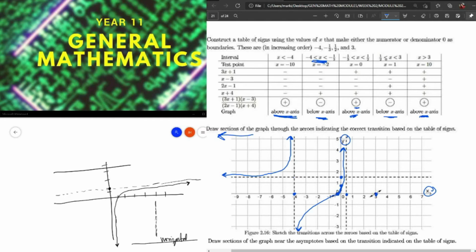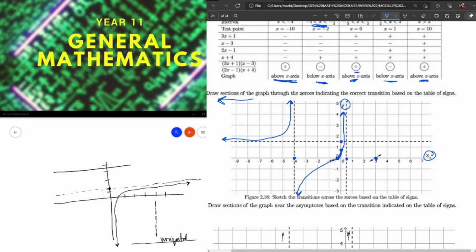Moving on to 1/2 to 3. This one, 1/2 to 3. Below the x-axis. Again, we already have plotted a point, so you cannot cross here yet. You don't start at the point, so you go down. Move it going down, like that.